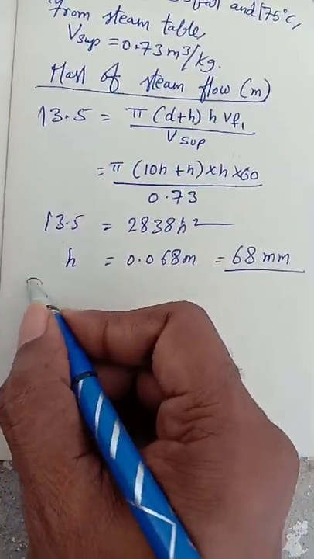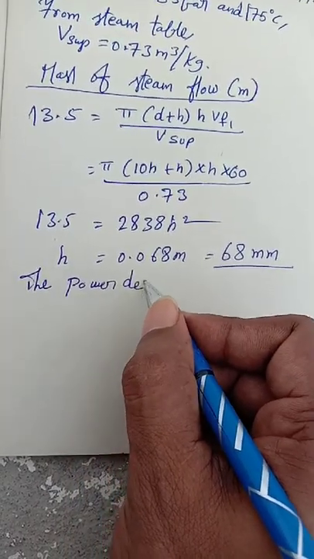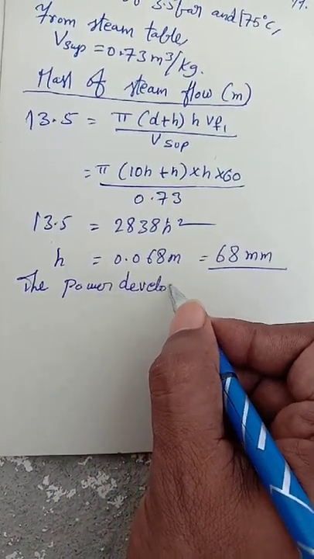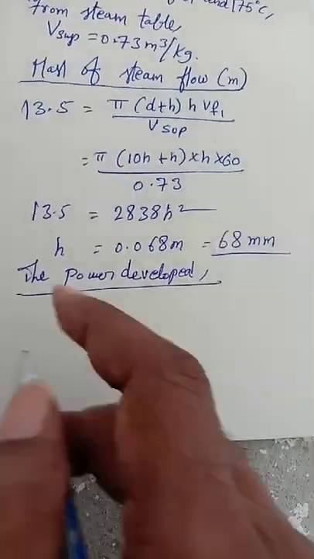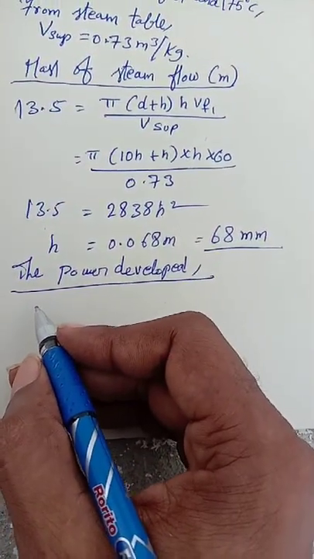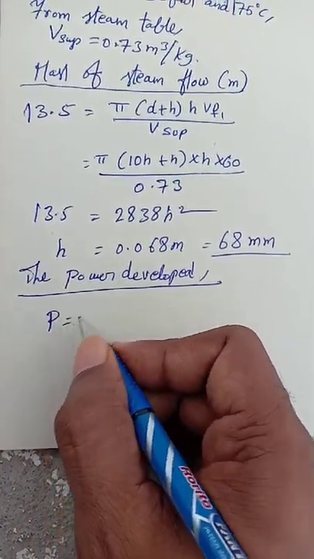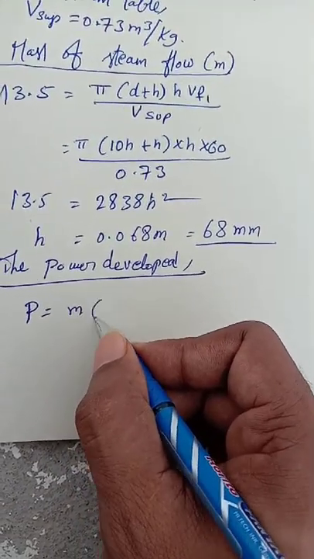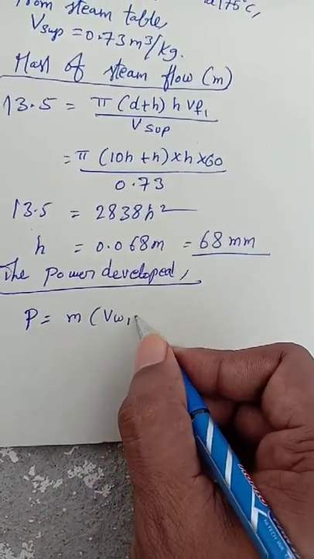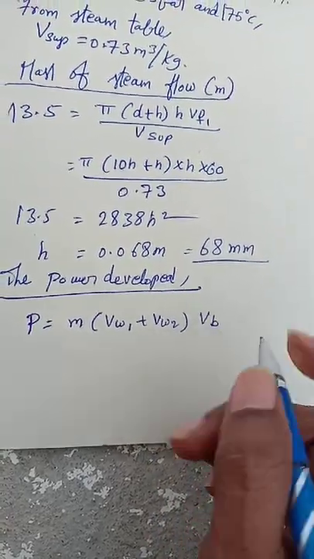Okay, now we go for the power developed. Then power developed by a pair of fixed and moving blade rings is M into VW1 plus VW2 into VB.